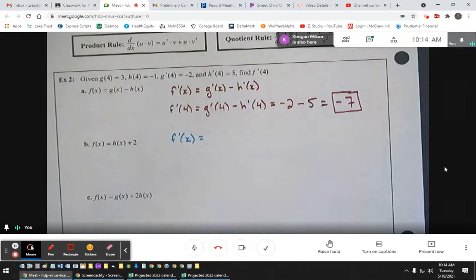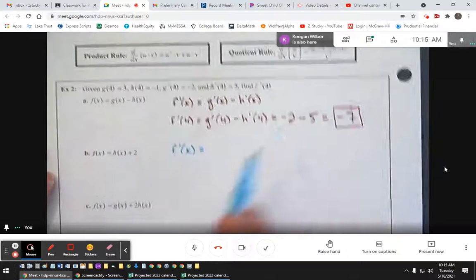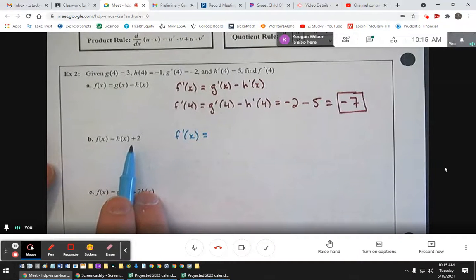The sum difference rule and then the product quotient rules. The sum difference rules are awesome because you just derive each piece of it. The product rule or the quotient rule, you have to go and apply these rules. So is this a sum difference or a product quotient? This is a sum difference, which just means you derive each piece.